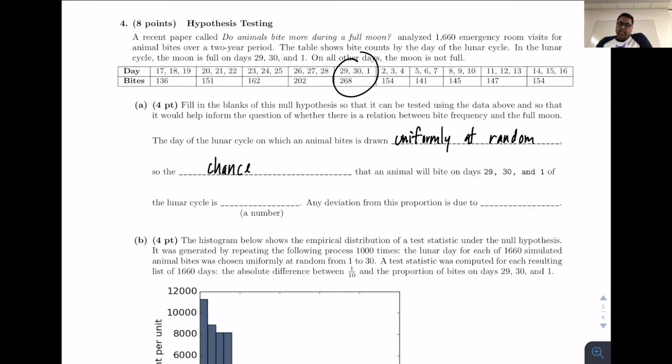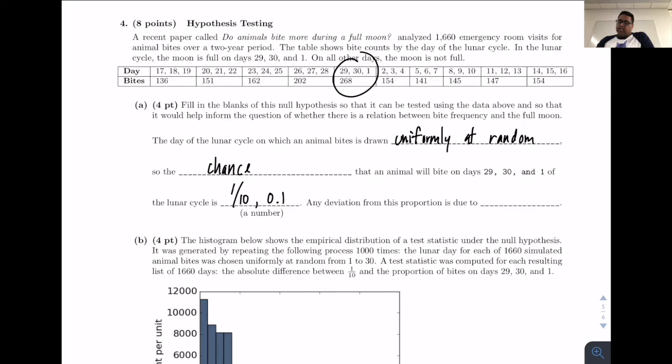Well, it's telling us we want a number, right? Here we have 10 different bins, 17 to 19, 20 to 22, and so on, and 29, 30, 1 is just one of these 10 bins. Each of these bins is just 3 days in the lunar cycle. So since we're starting off by believing everything's being chosen uniformly at random, we have no other choice but to say that this is 1/10 or 0.1.